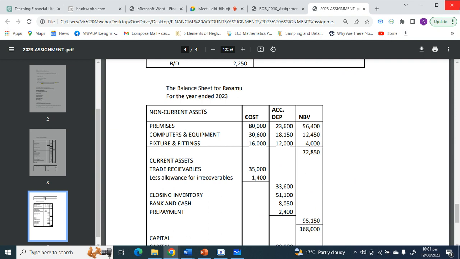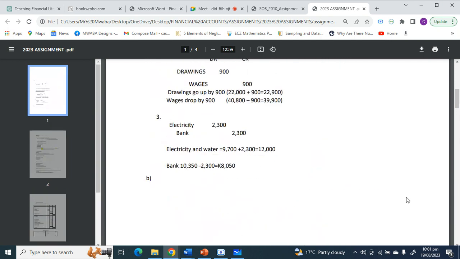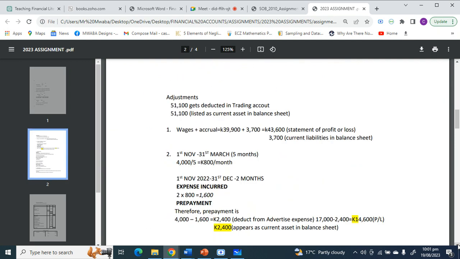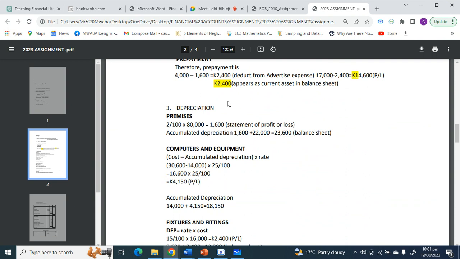When we tabulated depreciation, remember, whenever you get your depreciation charge, you debit the depreciation expense.